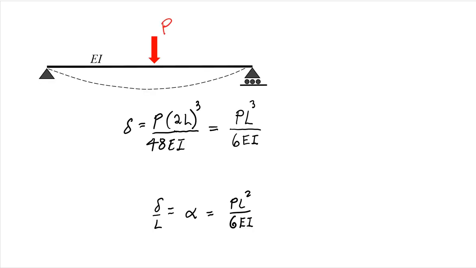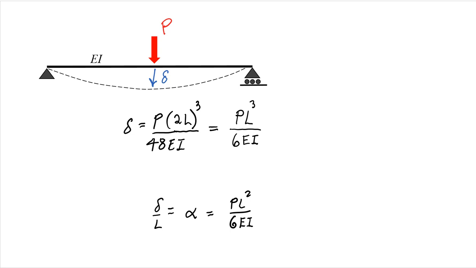Now, going back to our simply supported beam, we know from basic mechanics of materials and structures that the deformation in the center of a simply supported beam with a point load is equal to P times the length cubed divided by 48 EI.